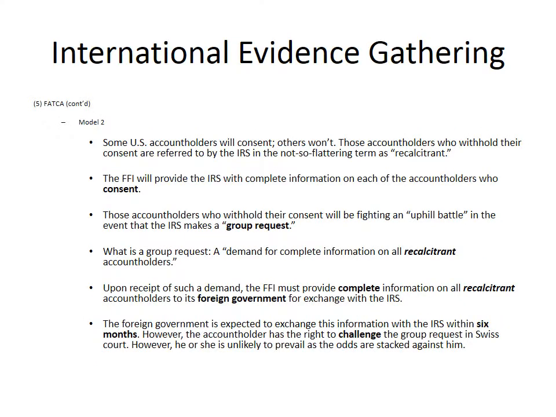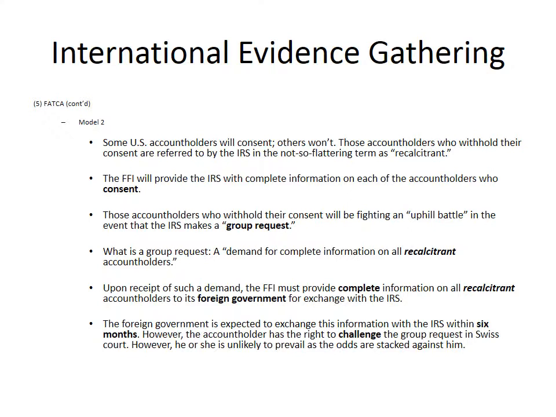Now, as you can imagine, there will be those who consent and there will be those who do not consent. Those account holders who refuse to consent are referred to by the IRS as recalcitrant. The Swiss bank will, however, provide the IRS with complete information on each of the account holders who consent. So that's a non-issue.